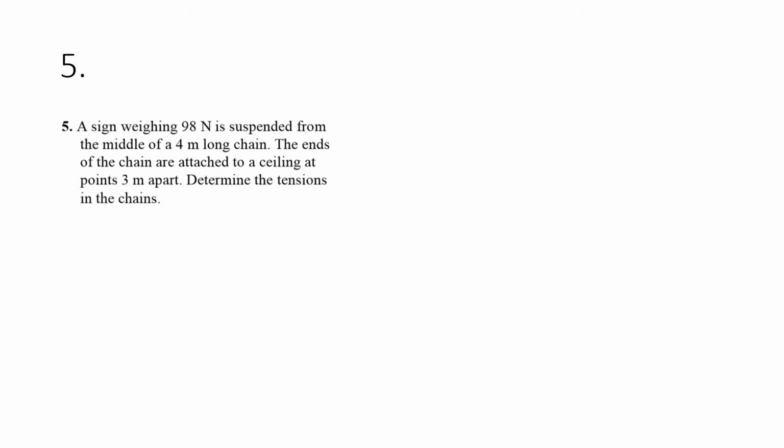The ends of the chains at the ceiling, which is the top, are 3 meters apart. And the middle of a 4-meter long chain is where the sign hangs. So if it's hanging from the middle, these two must be the same length, and each of these two sides will be 2 meters.